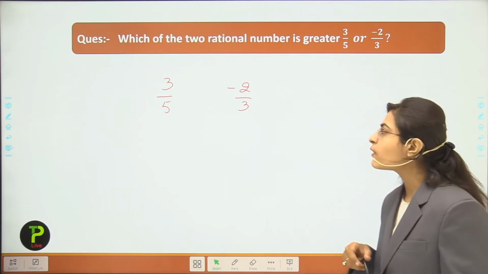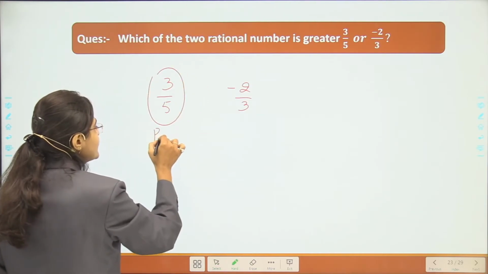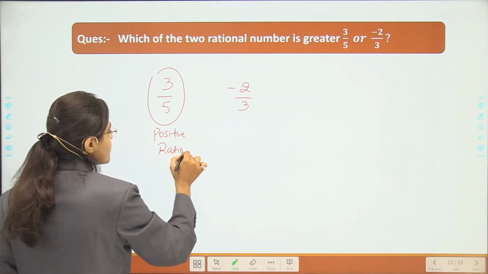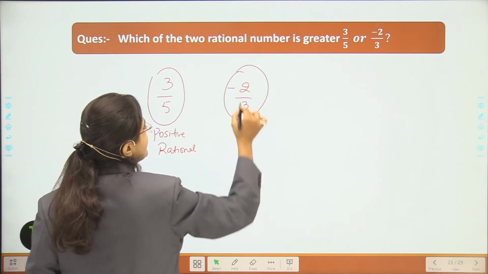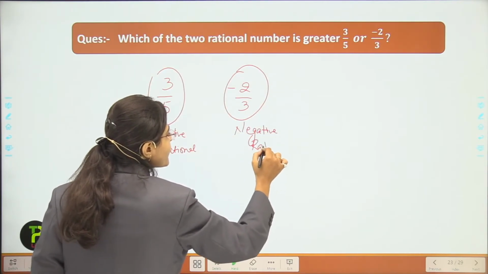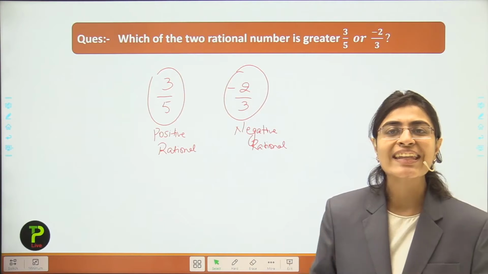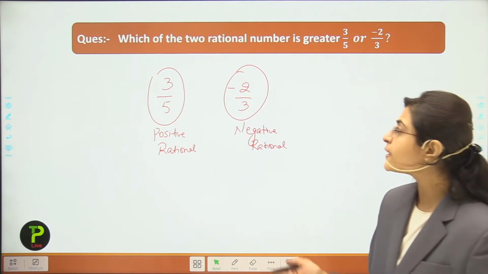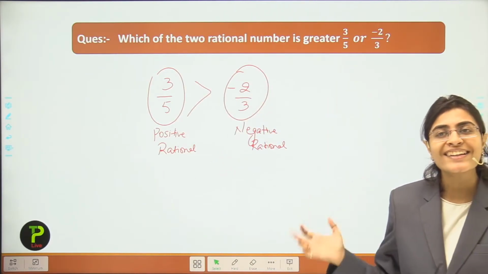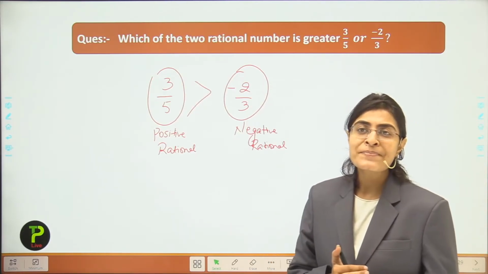Here 3 by 5 is a positive rational number and minus 2 by 3 is a negative rational number. We have studied that a positive rational number is always greater than a negative rational number. So the positive rational number is greater, and that is our answer. I hope this question is also clear to you.